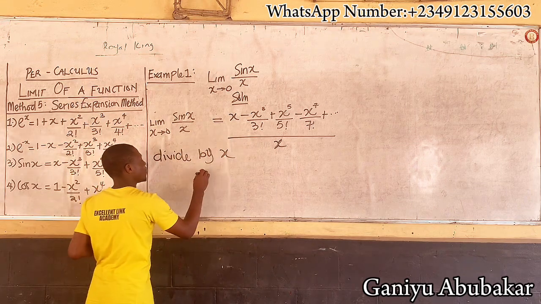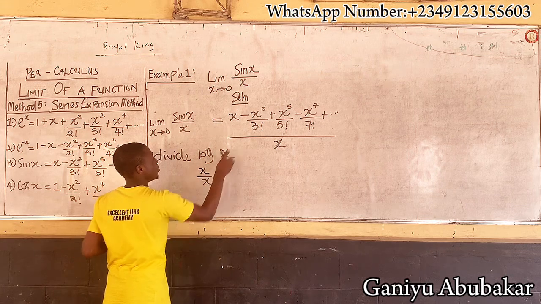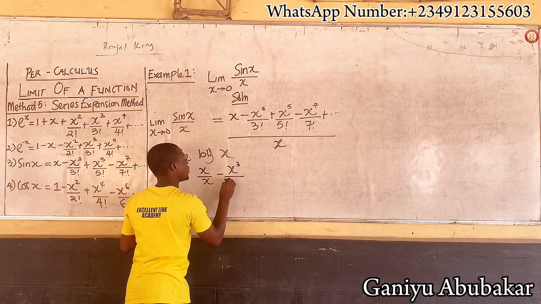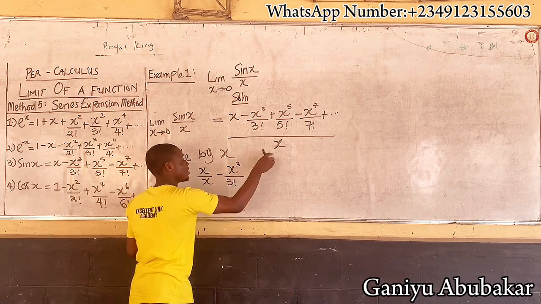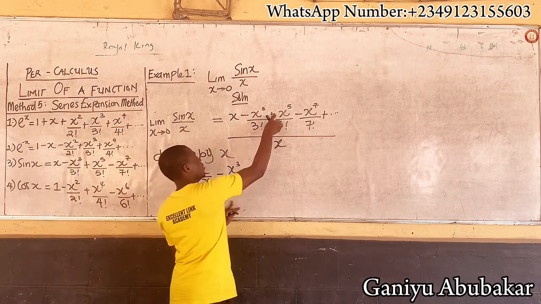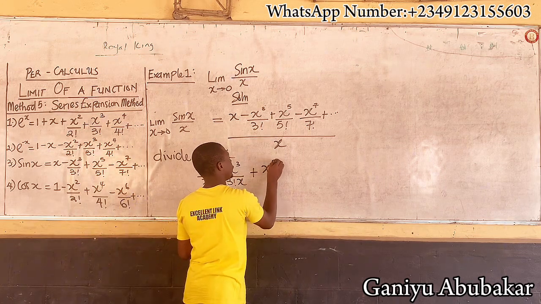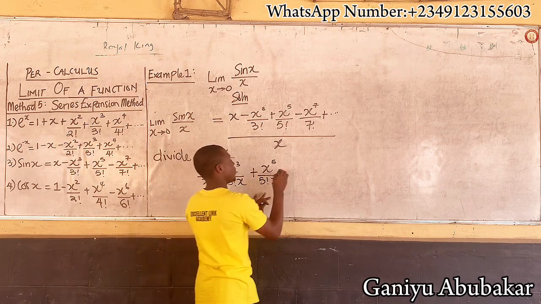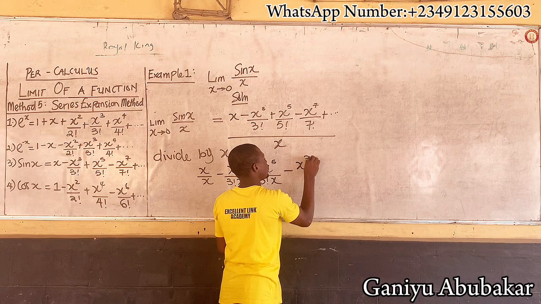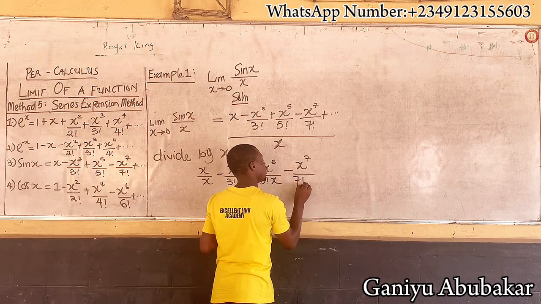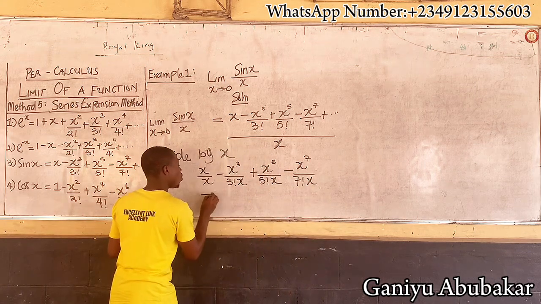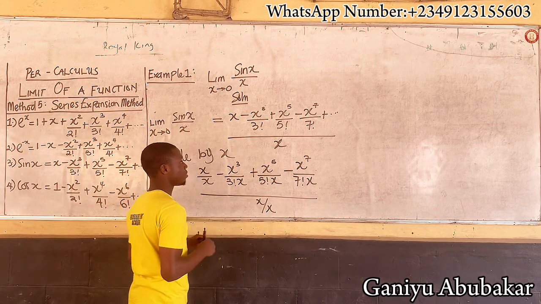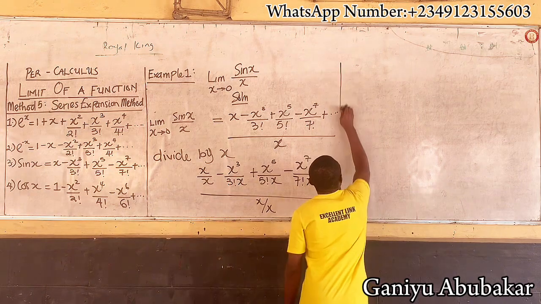Pick out the first term, that's x over x, minus x cubed over 3 factorial, we said divide by x, so it's over x, plus x to the power 5 over 5 factorial divided by x, minus x to the power 7 over 7 factorial divided by x. That's the concept.